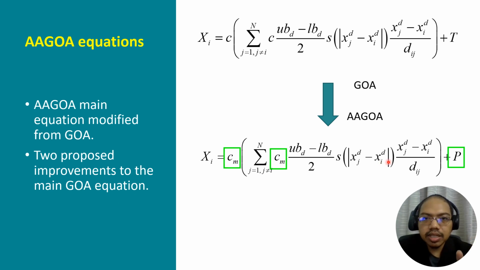So these are the two things that we are going to improve. We are still using the main equation for GOA, but we are going to improve how we can increase the convergence rate of the GOA, and also further improve how fast it can converge to a solution by changing the target position value. So these are the two things that we are going to modify in the original GOA.